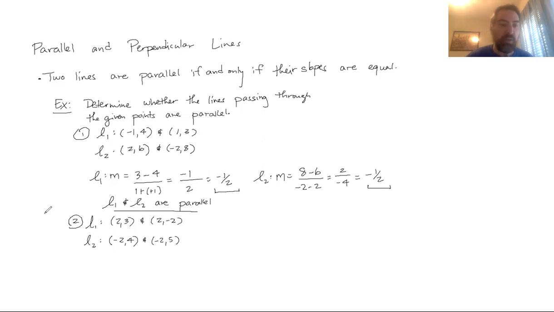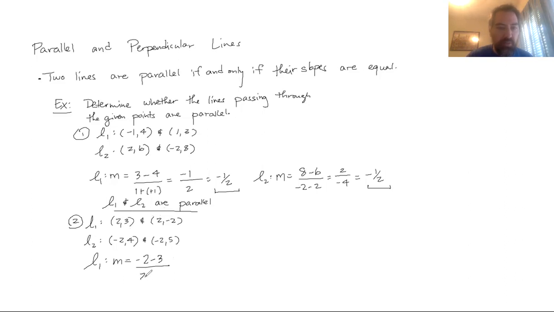Okay. Well, what about example 2? For example 2, let's do the same approach, right? Finding the slope of L1 and the slope of L2, and then we want to see if they are the same. For L1, we can again take the slope formula, subtracting the y values, -2 minus 3, and subtracting the x values, 2 minus 2.